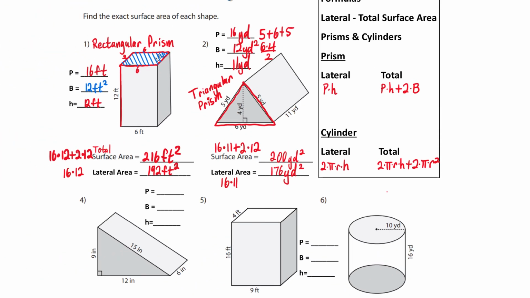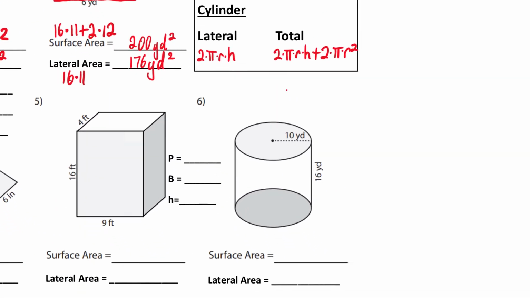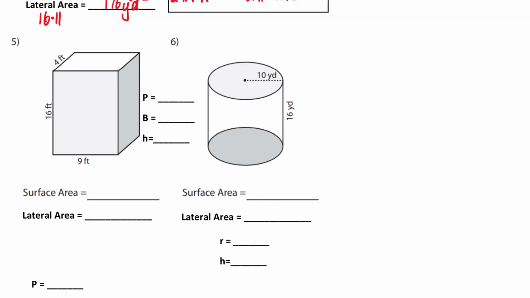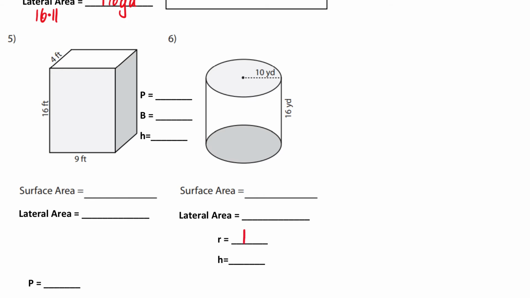Okay, let's go ahead and look at number 6 here for this cylinder. Now, like I said, cylinders are pretty easy. There's not a lot of thinking to them. So what is the radius of this cylinder? It's 10. What's the height? It's 16.